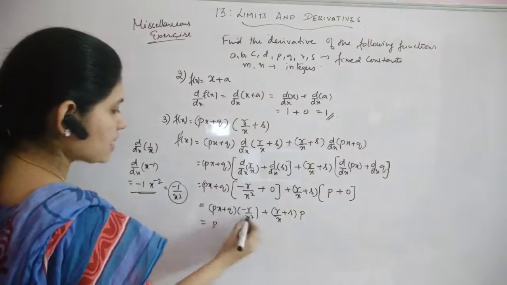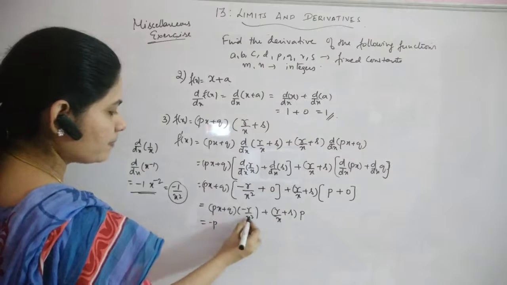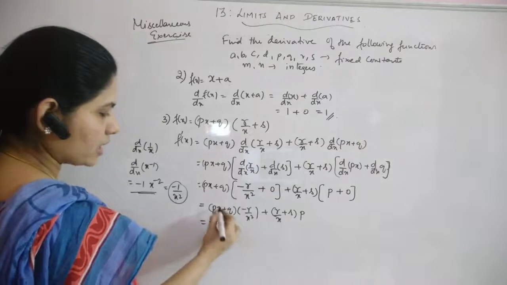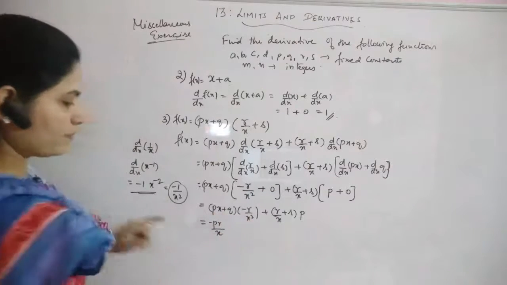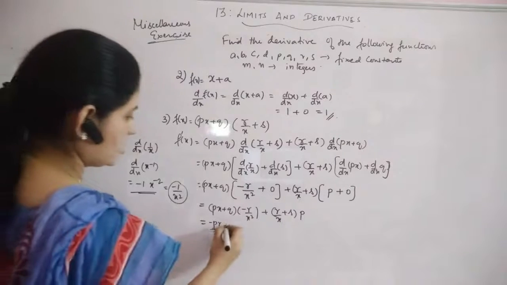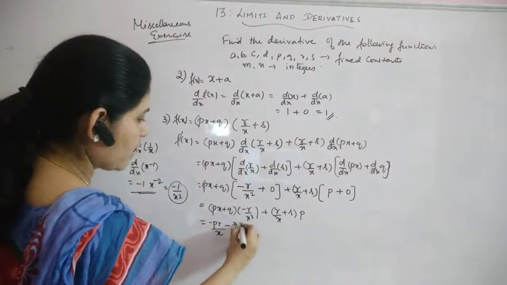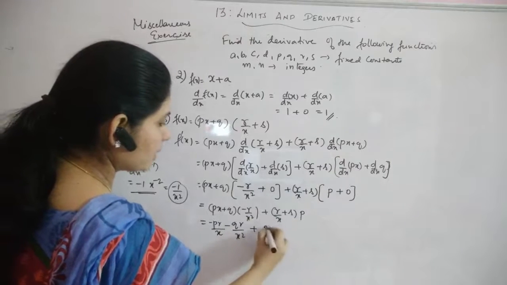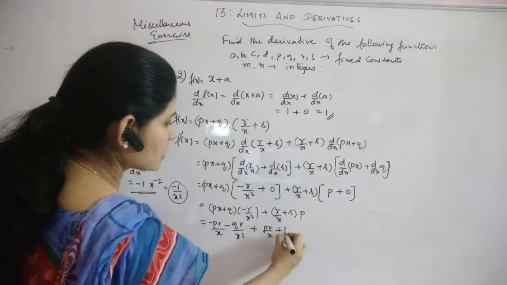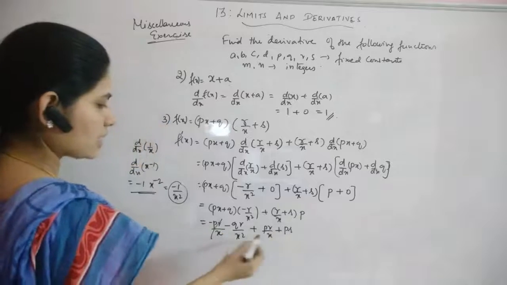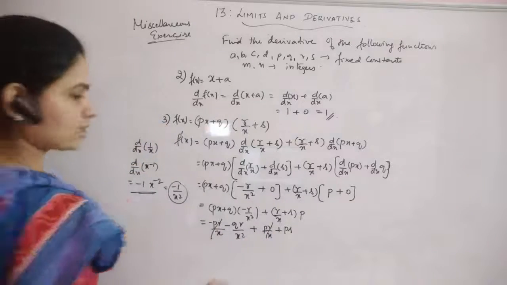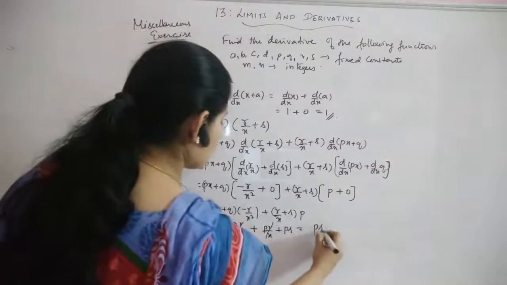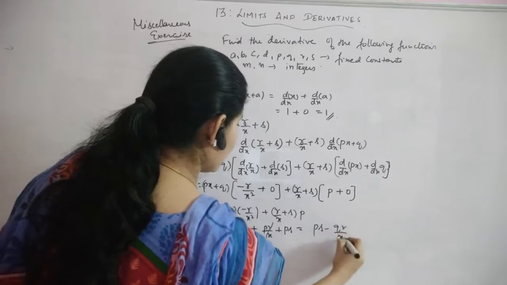So you will get minus prx by x square, x gets cancelled, so you will get minus pr by x minus qr by x square plus pr by x plus ps. So minus pr by x and pr by x get cancelled and you will get ps minus qr by x square.